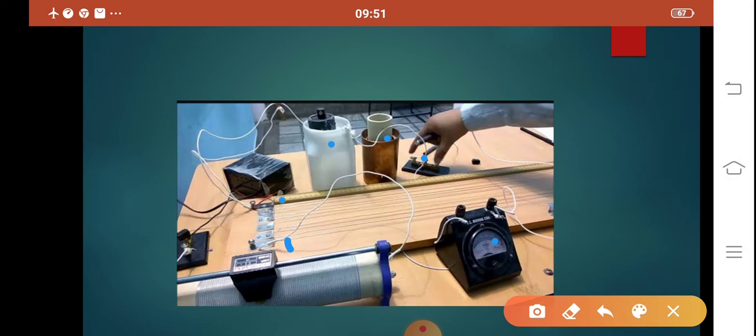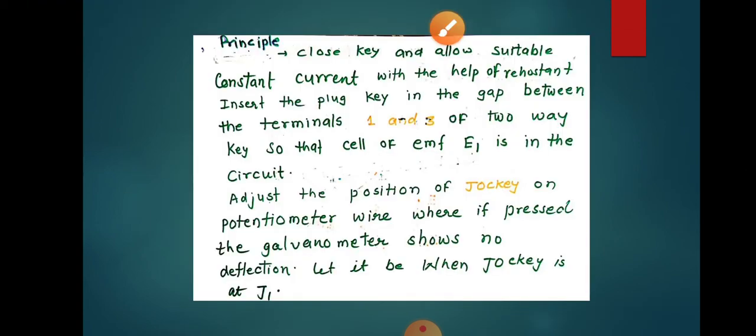This is A actually, and this is B. When it is touched here, the galvanometer shows a deflection on the right side. We have to press and search one such position at which the galvanometer shows zero deflection.